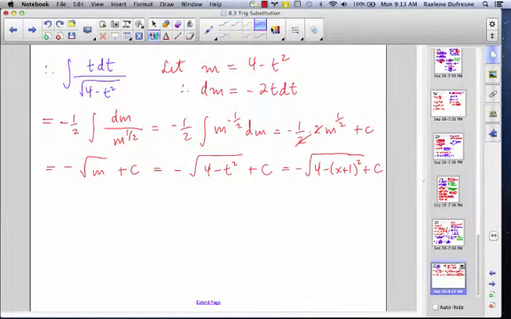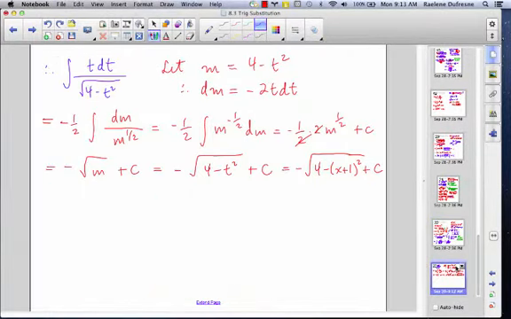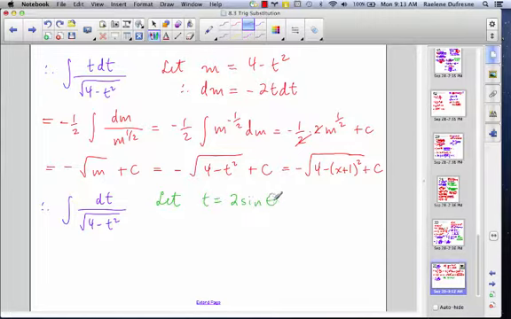Meanwhile, if we take the second integral, I'm just going to do the integral without the negative sign, dt over the square root of 4 minus t squared. We can use trigonometric substitution here and let t equal 2 sine theta. Therefore, dt is equal to 2 cosine theta d theta.